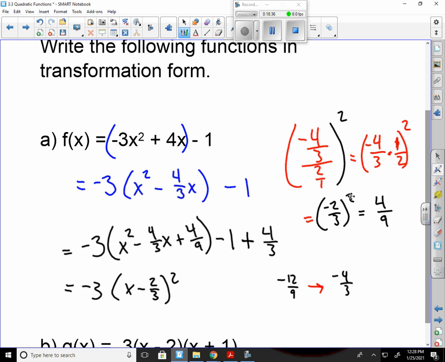Because when I squared the negative 2/3, that gave me 4/9 for this last term. And I need you to just trust me that x minus 2/3 squared would give me this. Now I combine these terms on the outside. Negative 1 plus 4/3 gives me plus 1/3. And I am in transformation form.